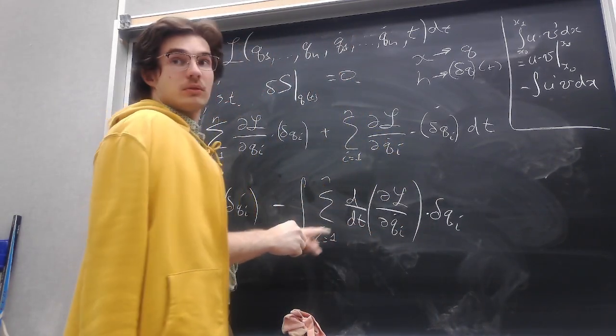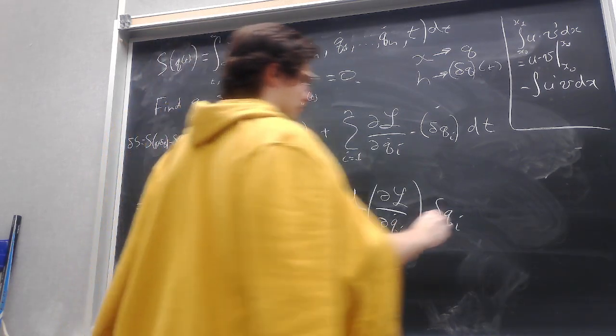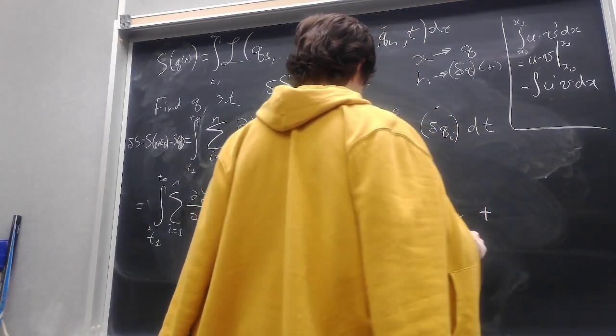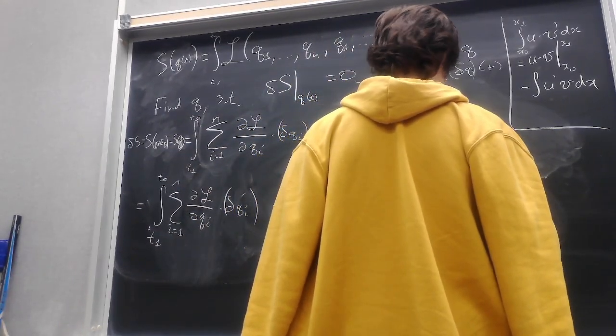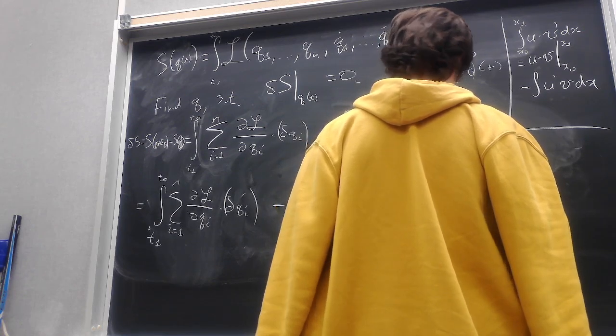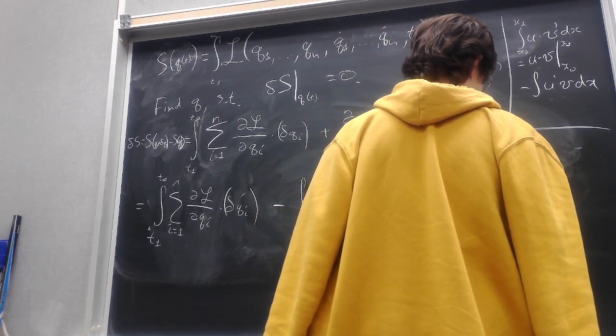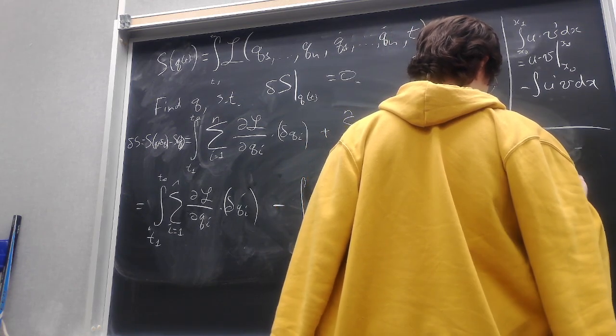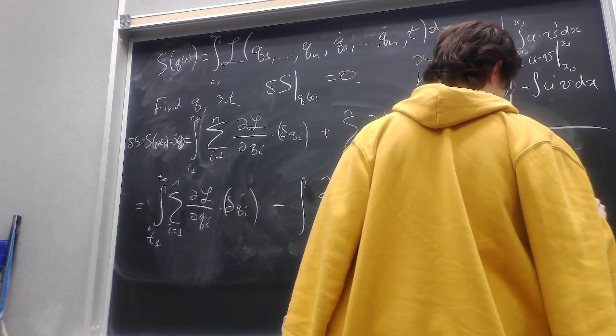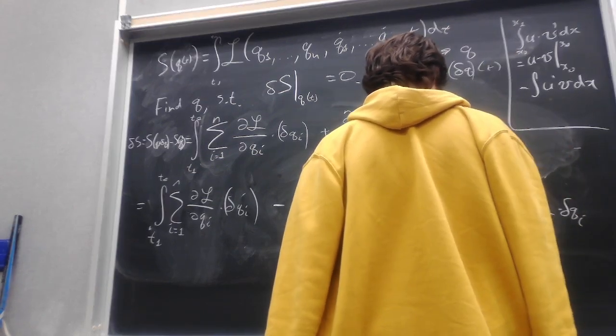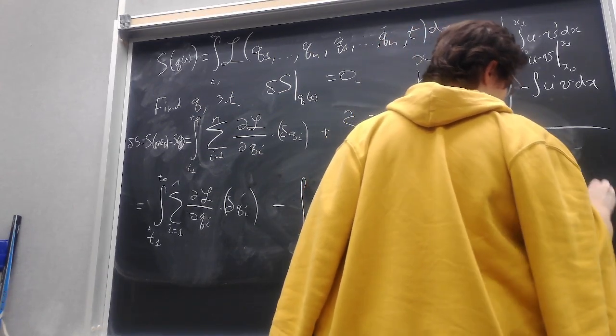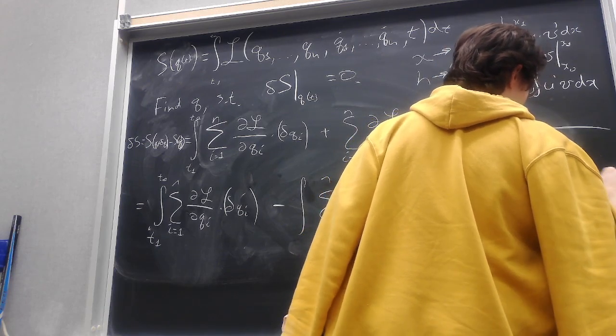You see how I got here? And then plus, I'm going to have partial L partial qi times delta qi. So the integral ends here, evaluated t1 to t2.